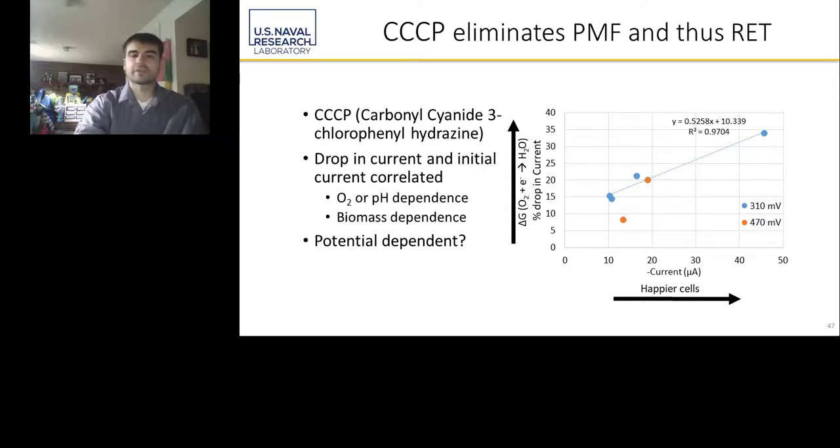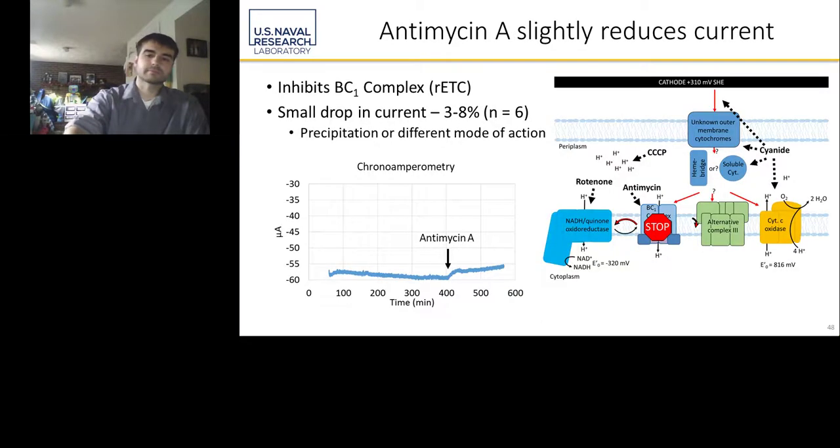Some of this may be related to the amount of oxygen that's able to get to the electrode itself, or local pH. There may also be some correlation with the amount of biomass. If there's too much or too little, there just may not be enough metabolism there in order to keep things going.